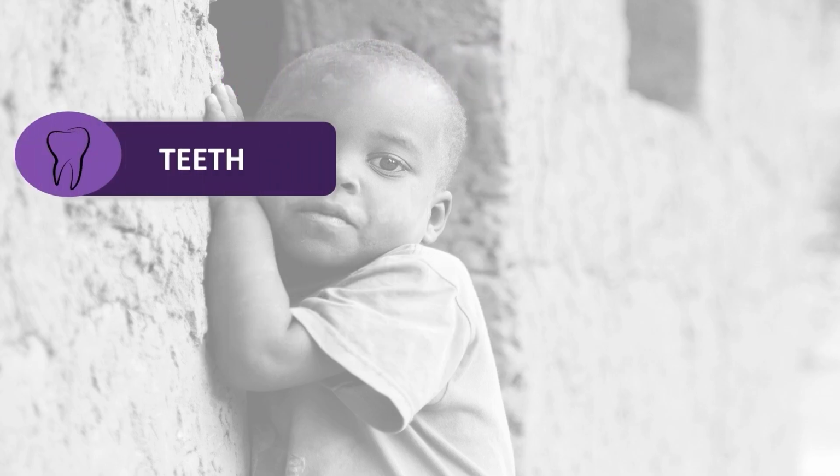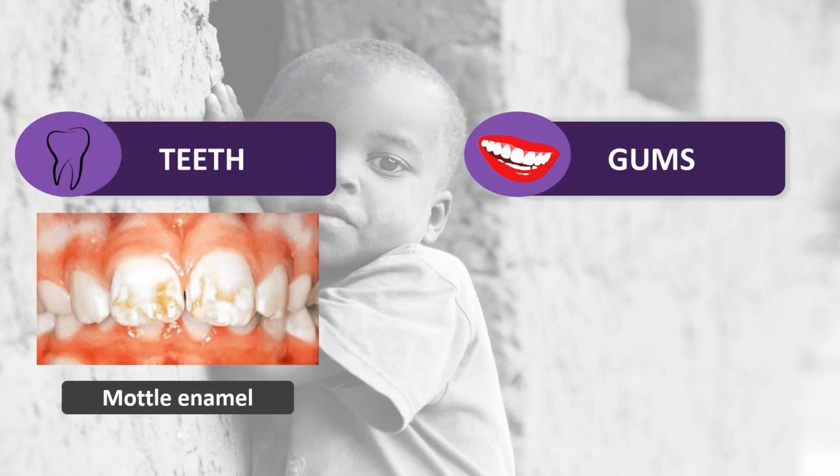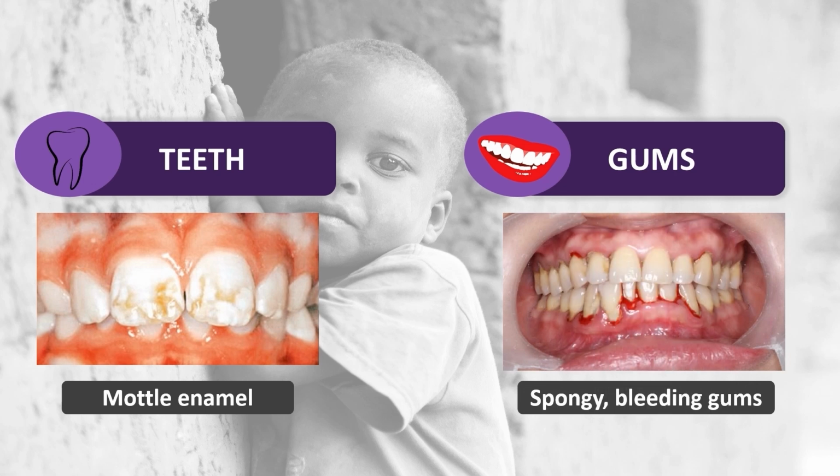Teeth, mottled enamel: not only the lack of a nutrient, excess of a nutrient can also be harmful, like in the case of fluorosis, excess fluoride in the diet from the water can harm the teeth. Deficiency of vitamin C is reflected by bleeding gums, spongy gums. This can be observed as a clinical sign for vitamin C deficiency.